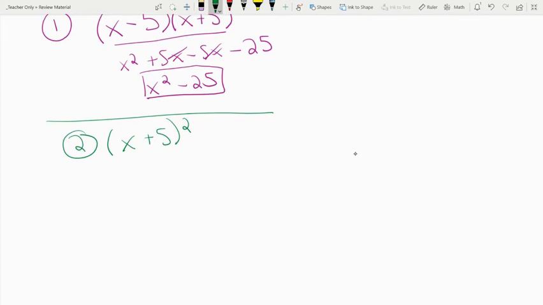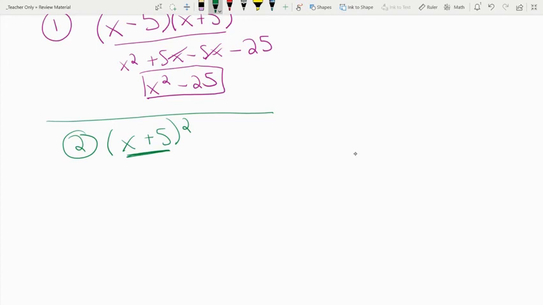Now, when you do this, remember, this is not a monomial. This is a binomial. We have one term plus a second term. This is not one term, okay? Because it's not one term, you can't distribute your exponent. You can't do it. You have to expand this entire thing because it's a binomial.